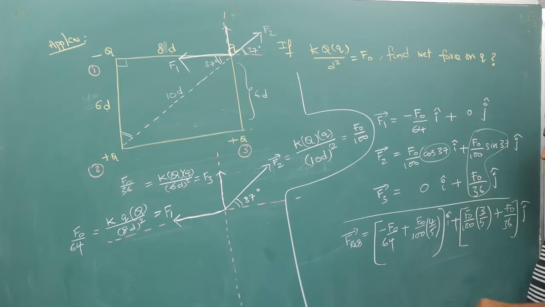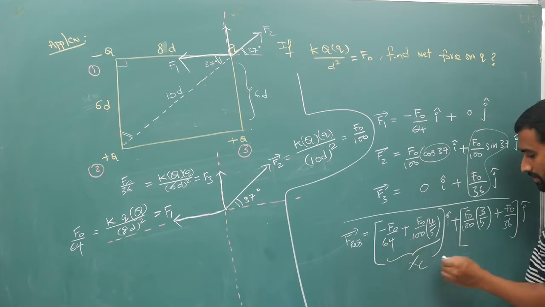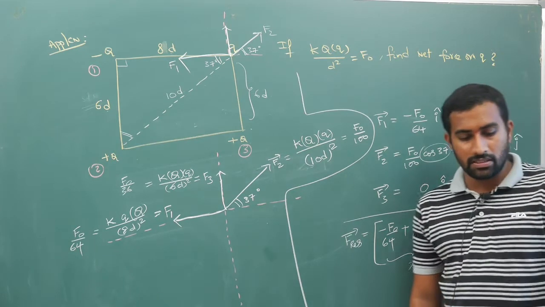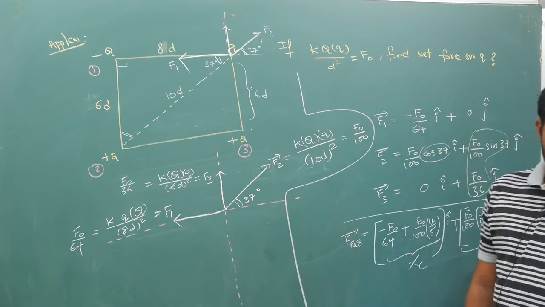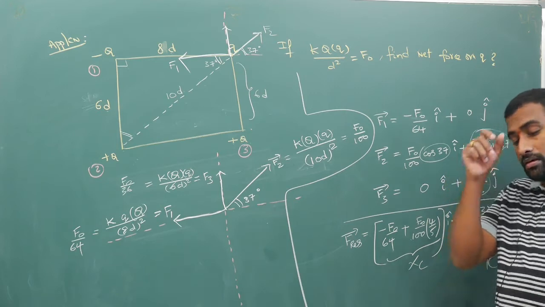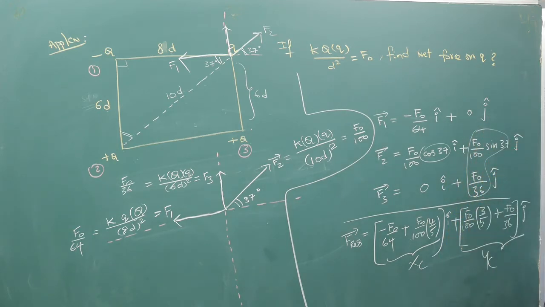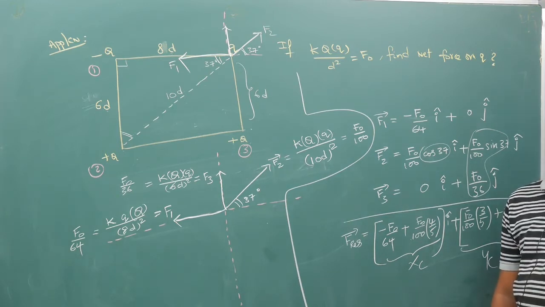So this is your x component, this is your y component. So you want the magnitude, under root x component square plus y component square. Like this you can keep solving different questions. So this is your principle of superposition.